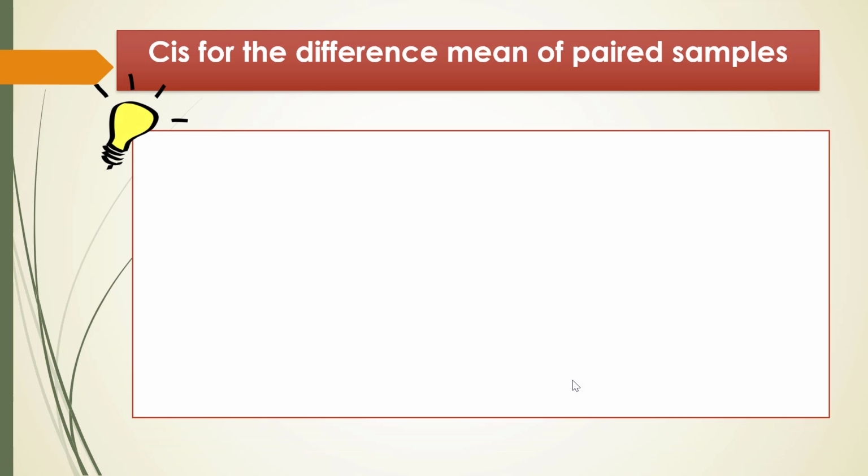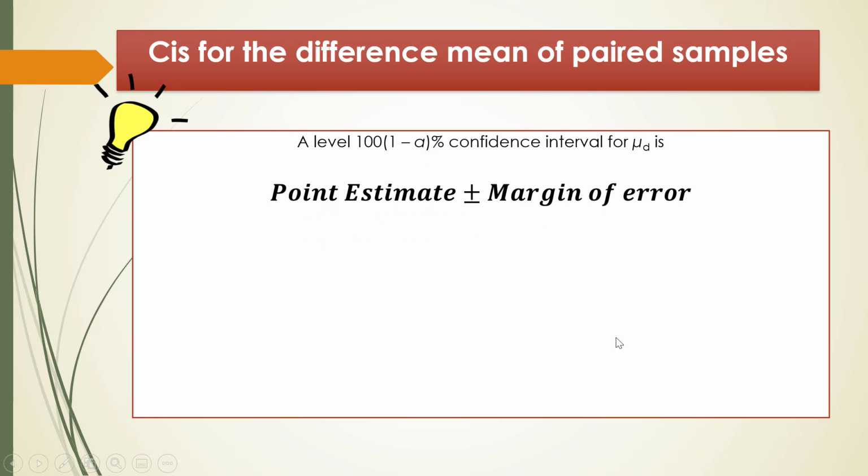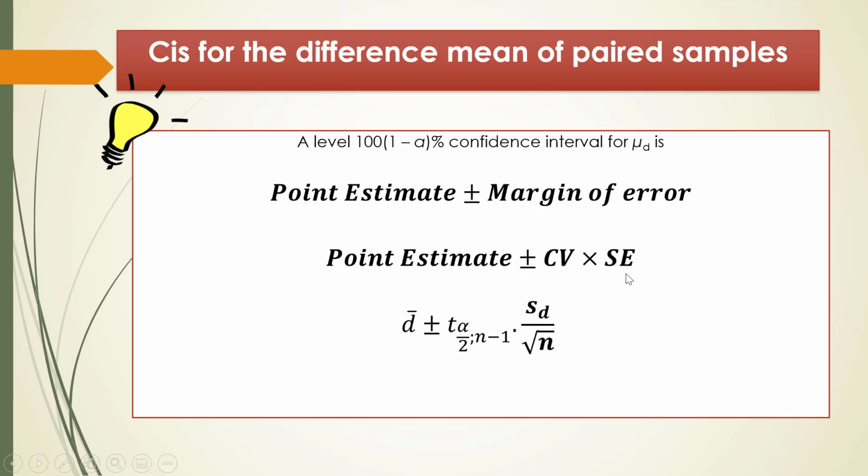The last thing of today is how to construct the confidence intervals for the mean difference of paired samples. So just using the formula, the point estimate plus or minus the margin of error. And the margin of error is the product of the critical value and the standard error. The point estimate here is d bar.